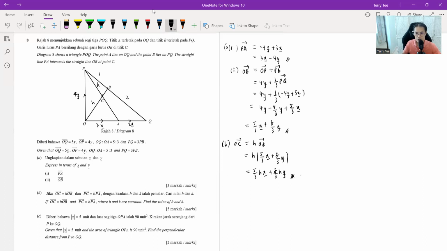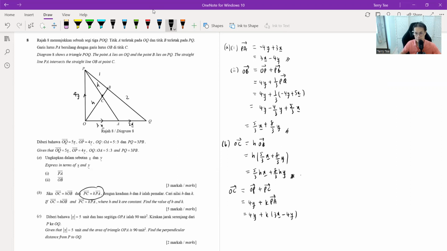Okay, the second version of OC will be this. I want to use PC, right? I want to go from O to P, followed by P to C. Now, O to P is 4y. P to C is k times of PA. In fact, I got my PA already, right? My PA is 3x minus 4y.